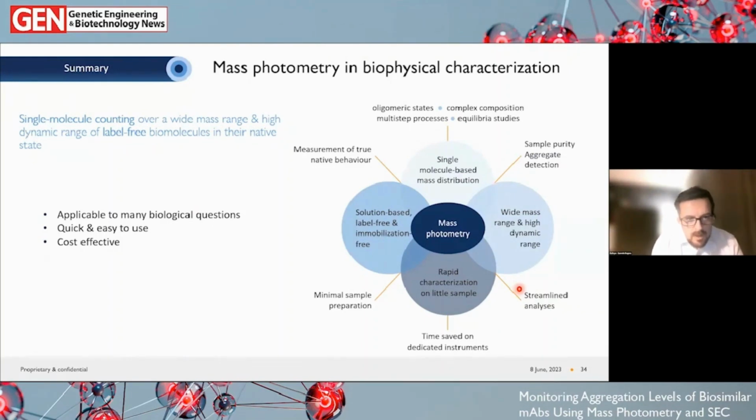It's applicable to many biological questions. It's quick and easy to use, also cost effective. And there are lots of different things that you can use it for. So I'll just highlight a few which are relevant in this case: aggregate detection, sample purity, measurement of true native behavior, the minimal sample preparation, and also looking at the oligomeric state.